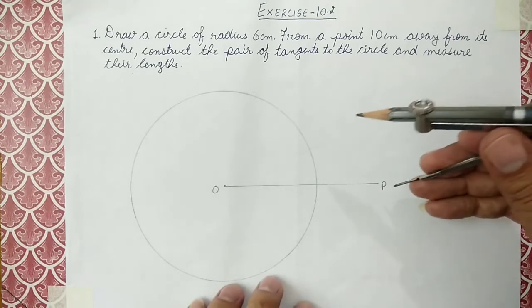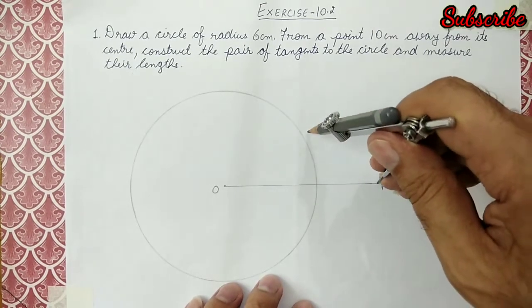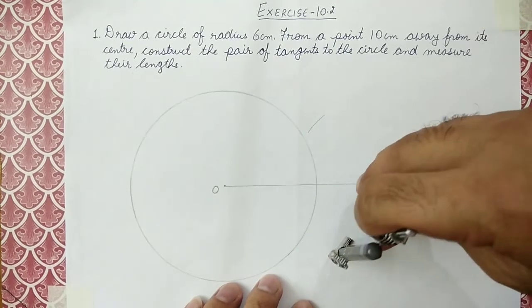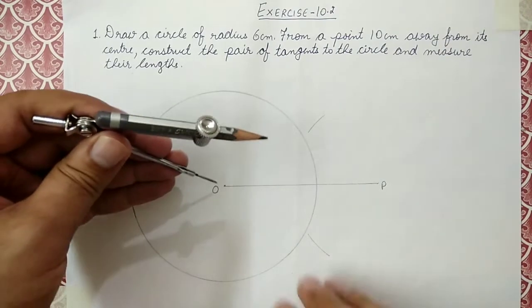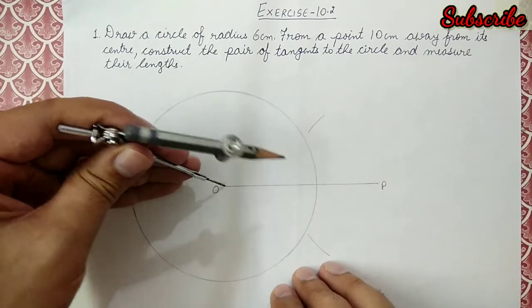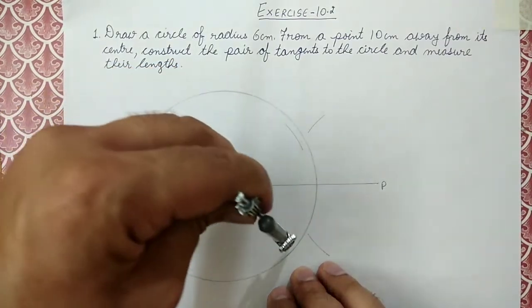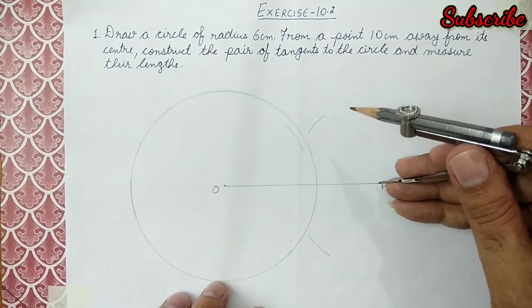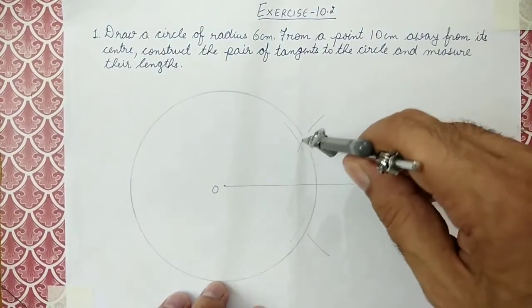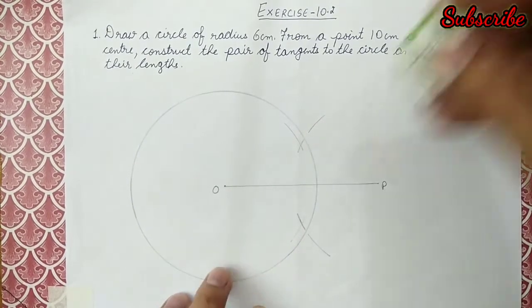So what we do? We first keep the compass at point P and we draw an arc up and down here. Then similarly, we keep the compass on the point O. It's not coming, so we just extend the arcs from P, right?